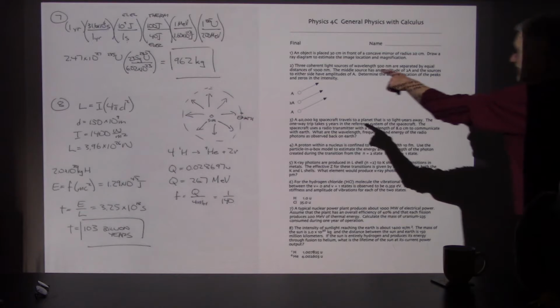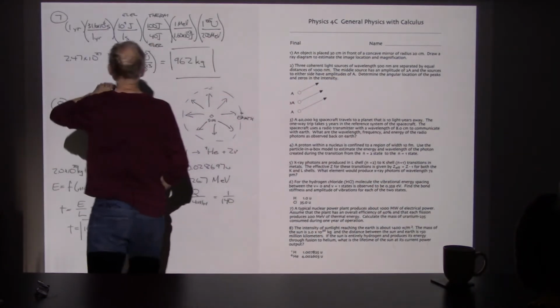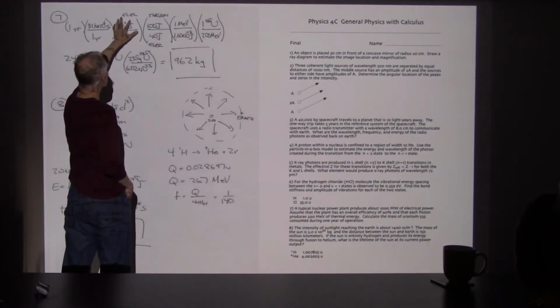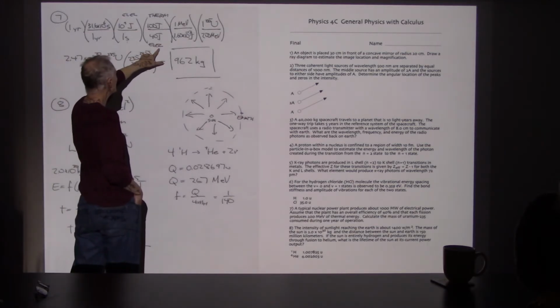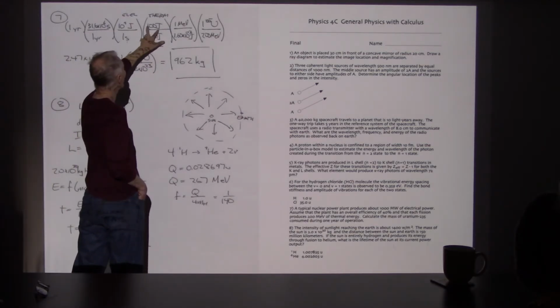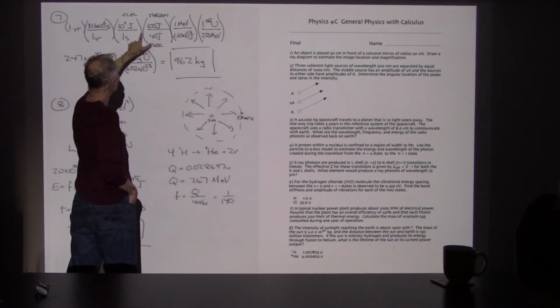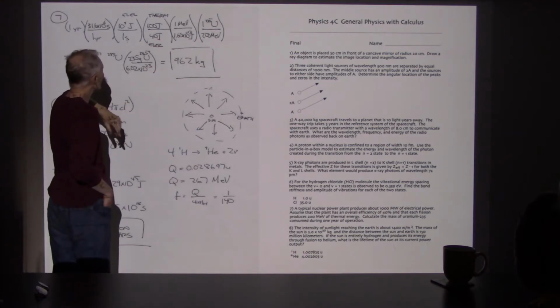So that's what we have here, this 10 to the 9 joules. 10 to the 9 joules is the electric energy. And for every 40 joules of electricity, I had to put in 1,000 joules of thermal energy, and the electrical energies cancel.